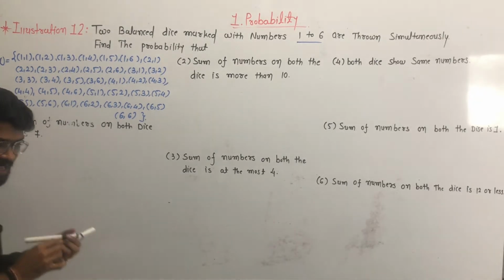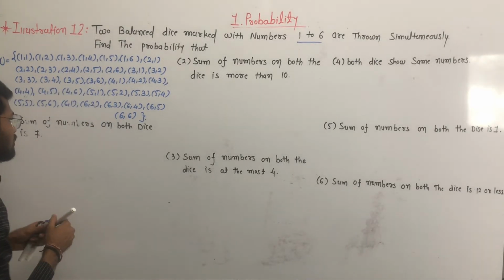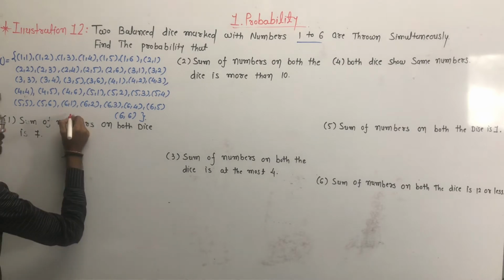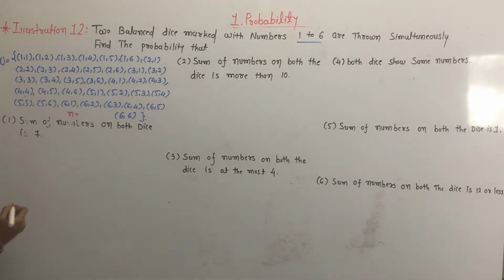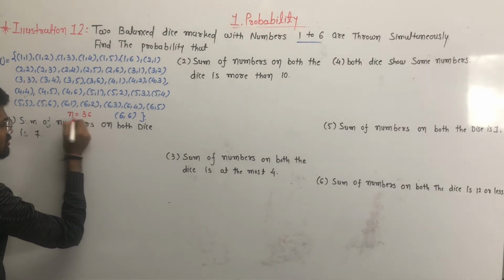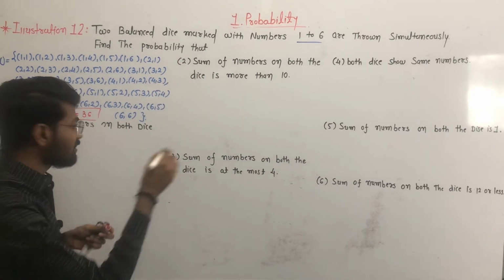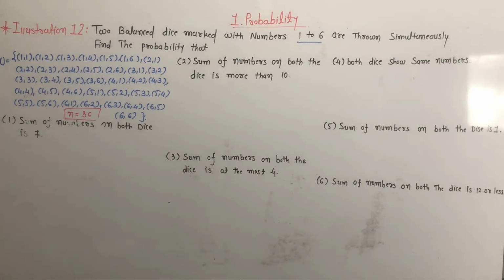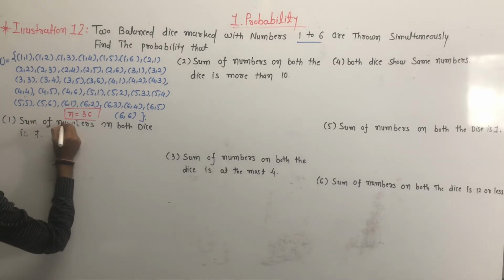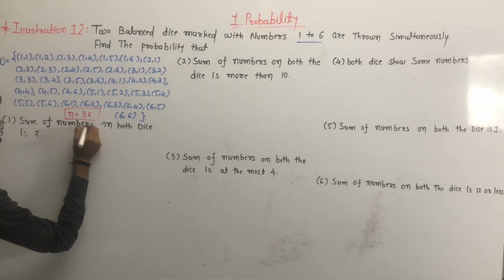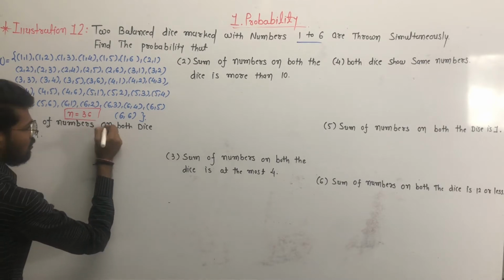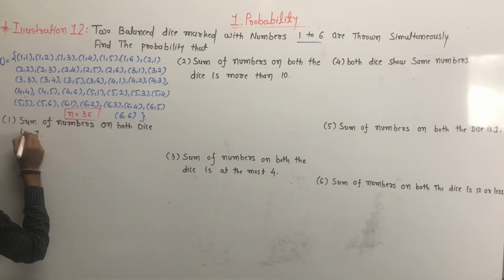So our n, the total number of possible outcomes, will be 36 for all events. And the first event is that the sum of numbers on both dice is 7.